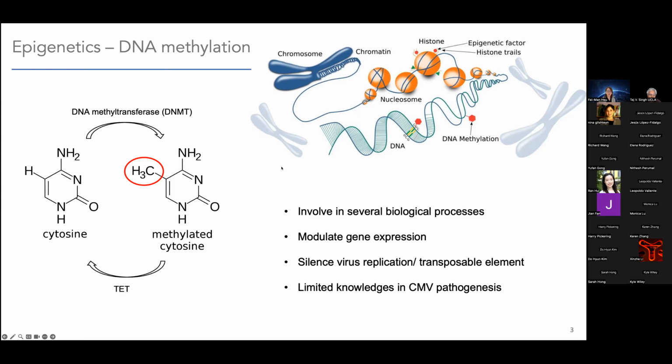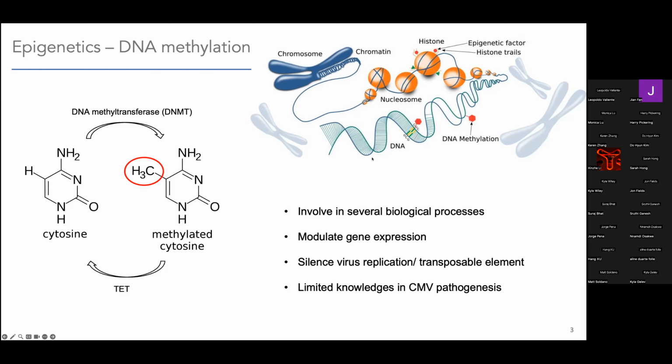DNA methylation is heritable, and it is involved in several biological processes because it can modulate gene expression. You might have heard of imprinting, where whether a gene is regulated in an individual comes from imprinting signatures from the paternal or maternal side.